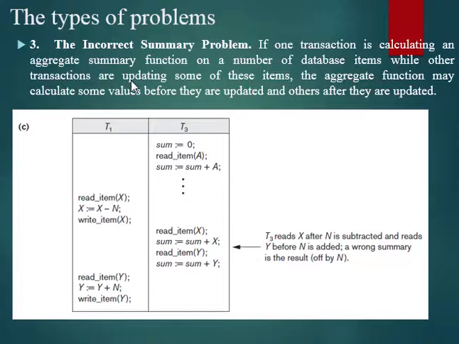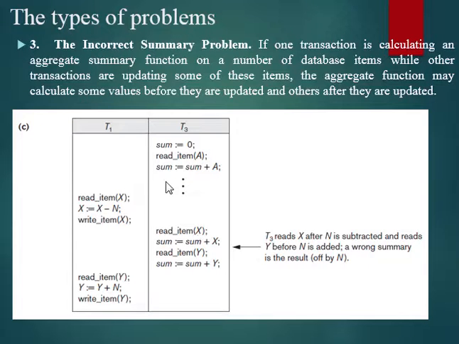Suppose transaction T3, here you can see, is adding all the marks in the records, but in that time transaction T1 tries to update the value of x.